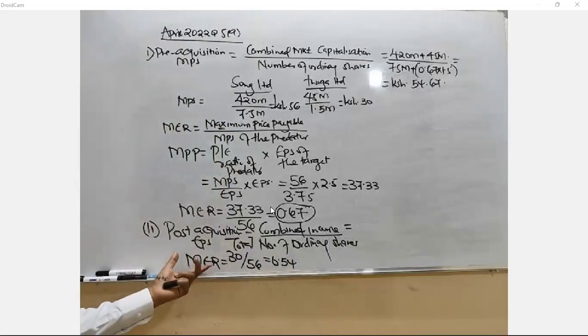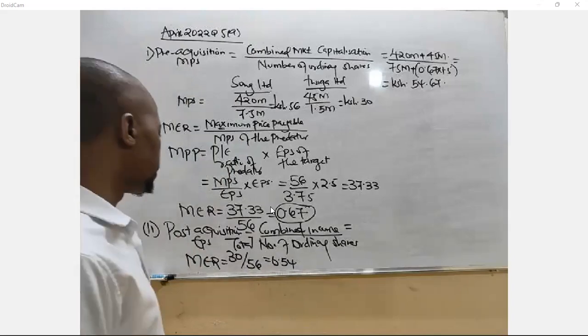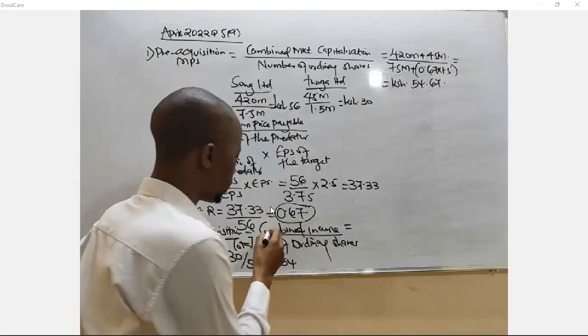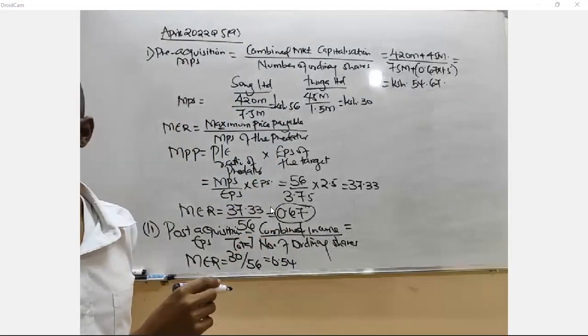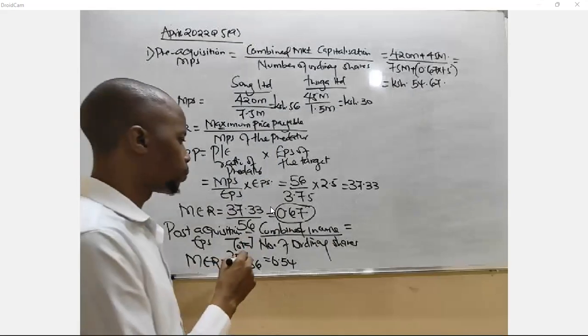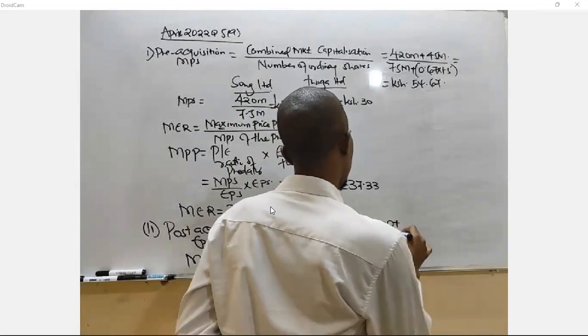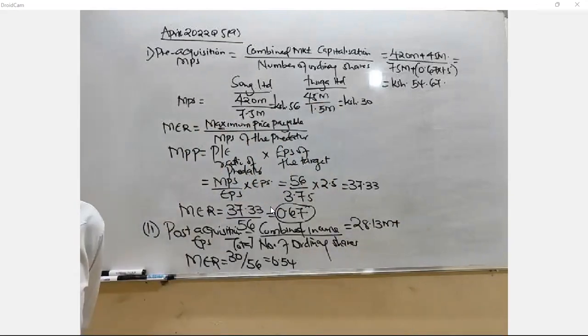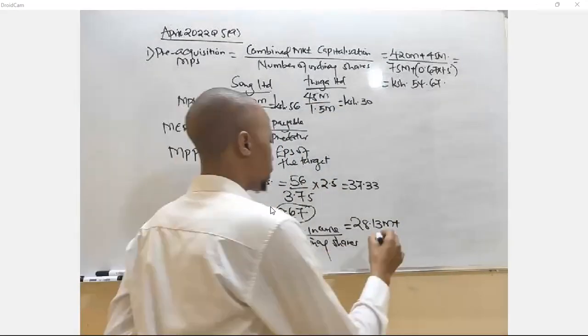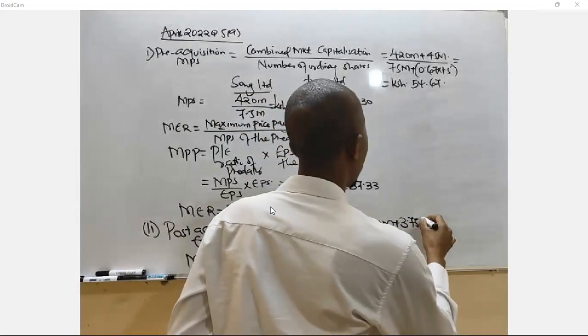To calculate requirement number two, I'm just going to take the combined PAT, which I've already been given as 28.13 million, plus the income on the other side, 3.75 million.